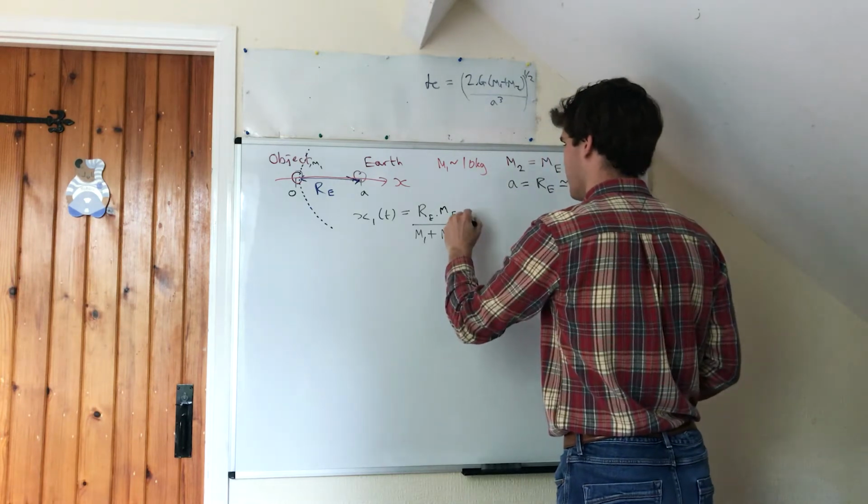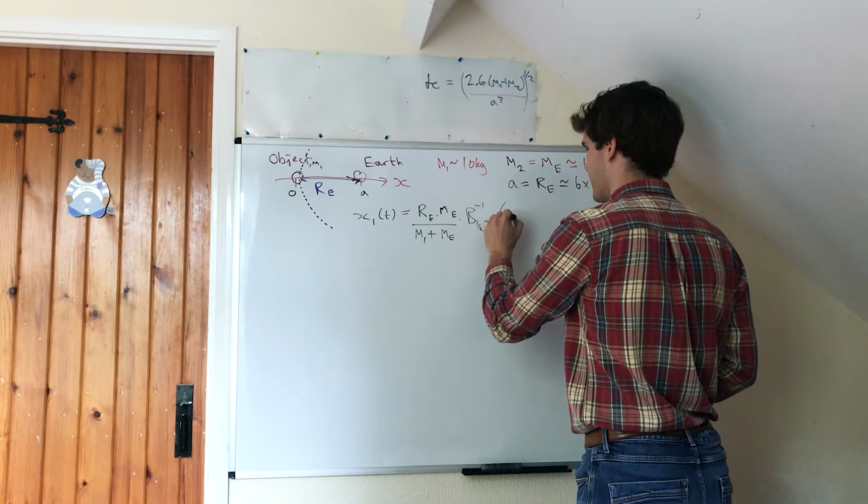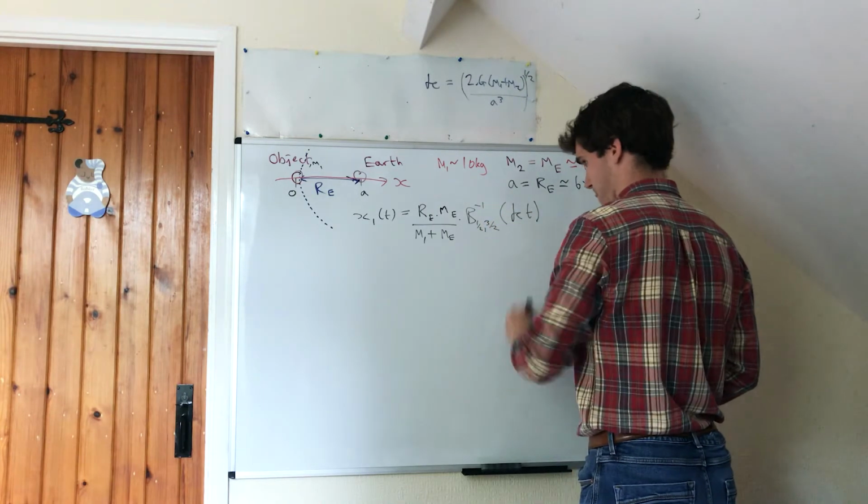This is multiplied by the inverse incomplete beta function of a half, 3/2, of kappa times t.